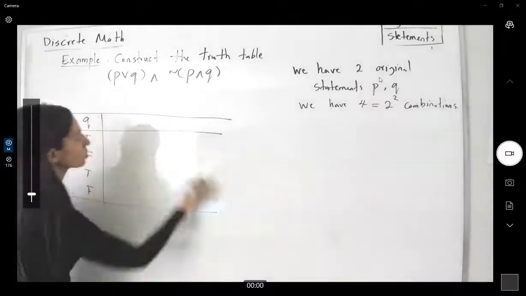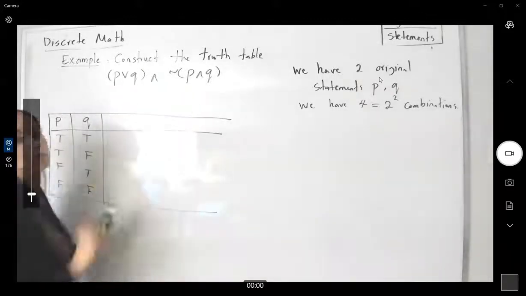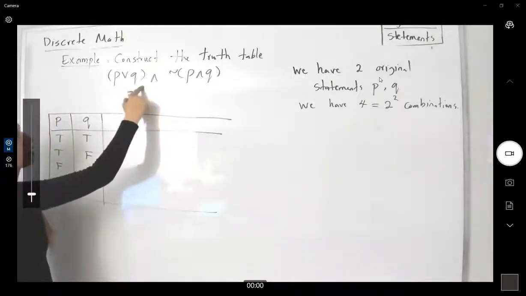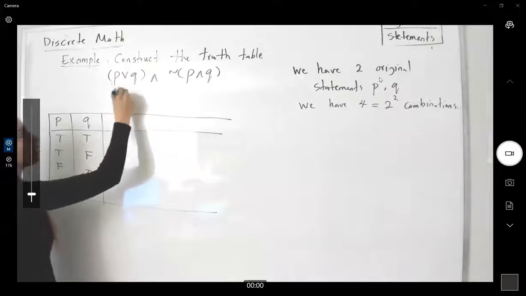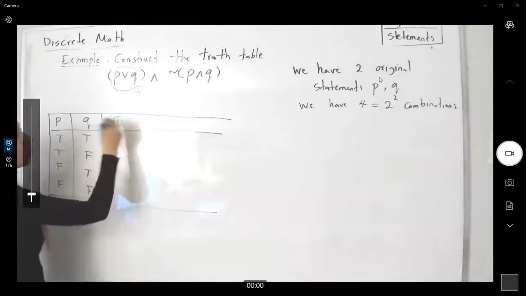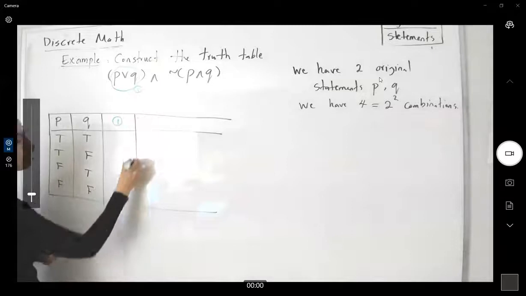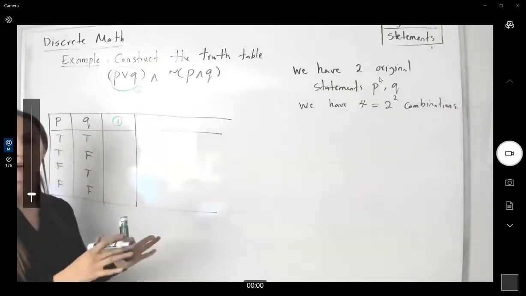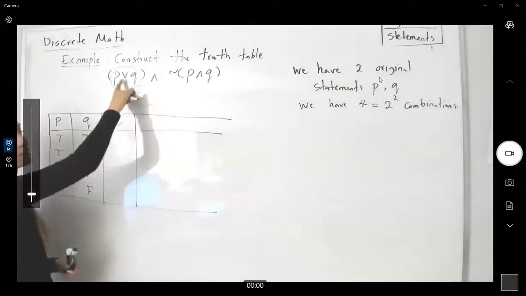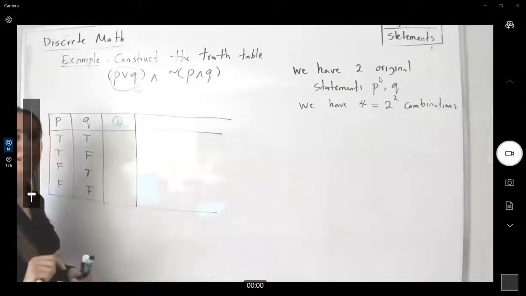Now, we have to get back to the compound statement. I'm going to start from the parentheses that we have. The first parenthesis has P or Q. I'm going to number this 1, and I'm going to write down 1 here. Okay, P or Q. What we have learned so far is that the combination of P, Q using or is going to be false if and only if both of the statements are false.